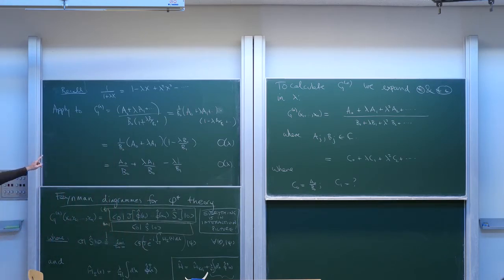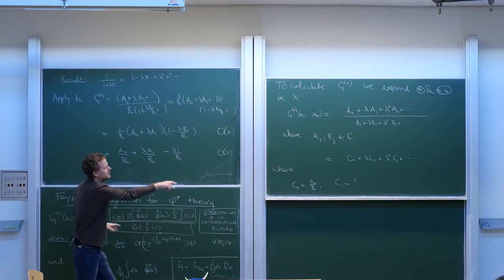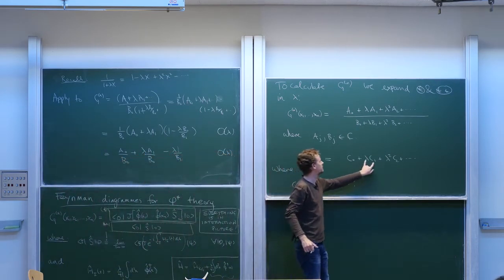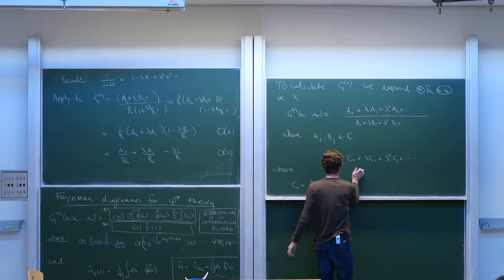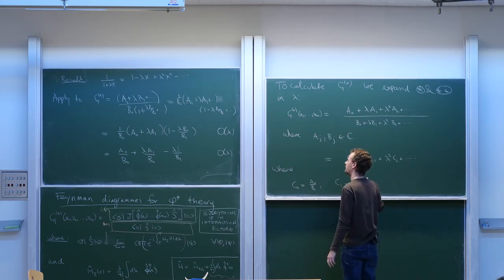All right, so we got A naught, lambda A1 minus lambda B naught on B1, all divided by B naught. I believe that's correct. So C naught and C1, we now have an expression for these guys.